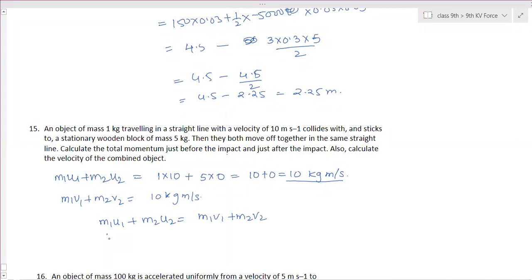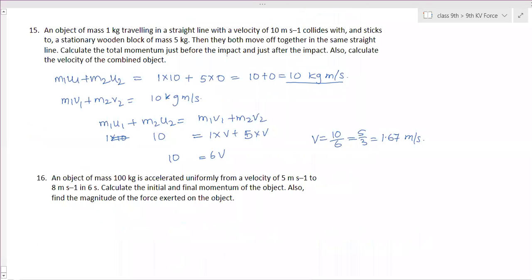So it is 1 into 10, this value is 10. This is equal to 1 into v plus 5 into v. That is 6v is 10. So v is equal to 10 by 6, which is 1.67 meter per second.